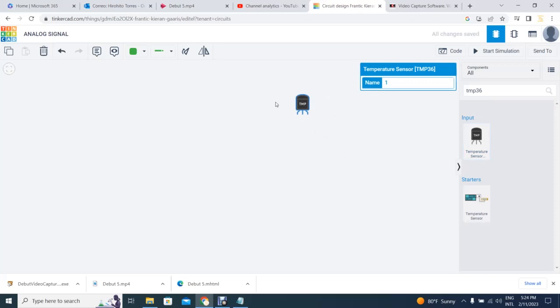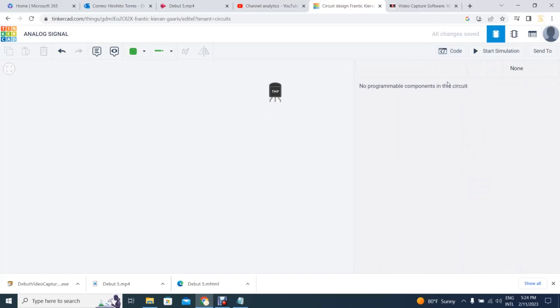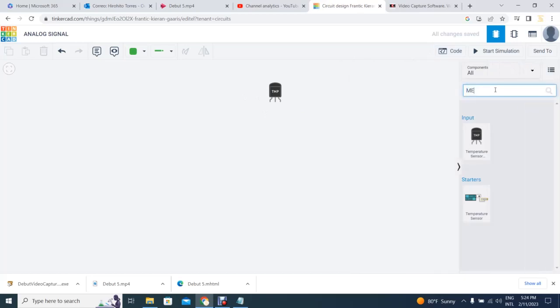Now, that's the sensor that we're gonna be using for measuring temperature, because that will be our analog signal. If you don't understand this, one thing that you can quickly do to understand how this sensor will work is add a meter. Let's see how quickly I can get a meter here.